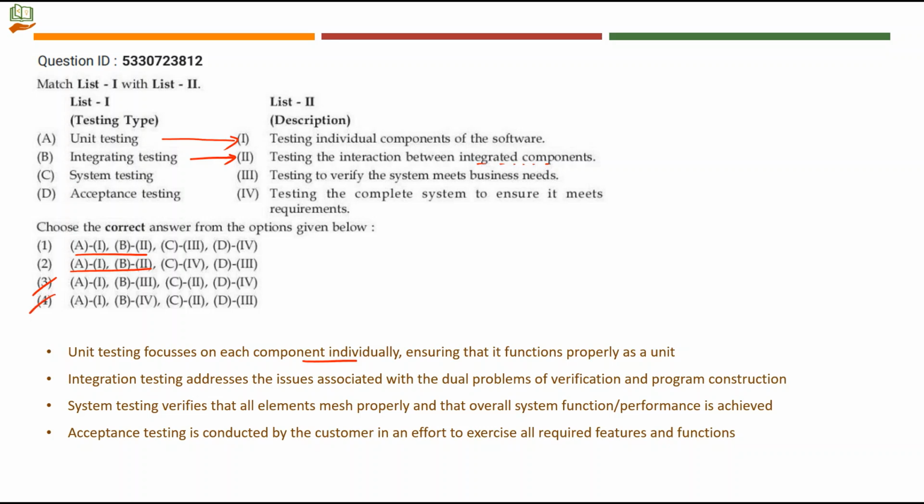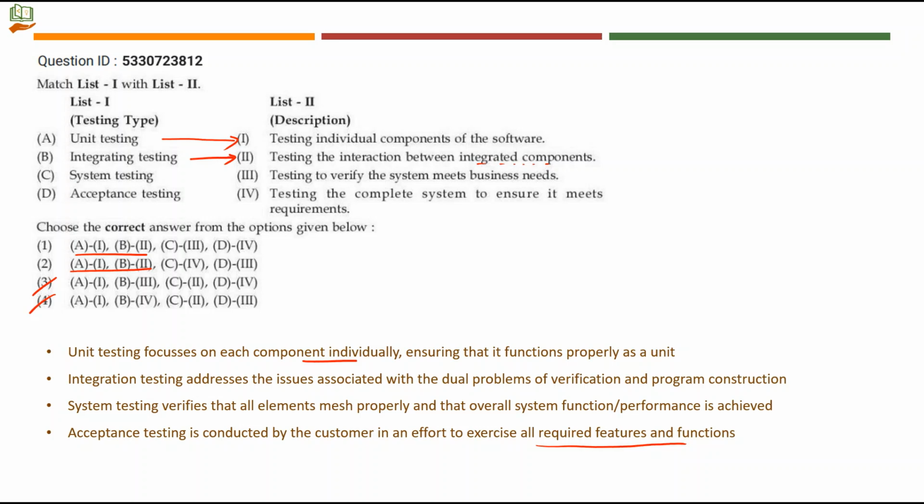What about system testing? It verifies that all the elements mesh properly and overall system function or performance is achieved. What about acceptance testing? It is conducted by the customer in an effort to exercise all required features and functions. So system testing is testing the complete system to ensure it meets requirements.